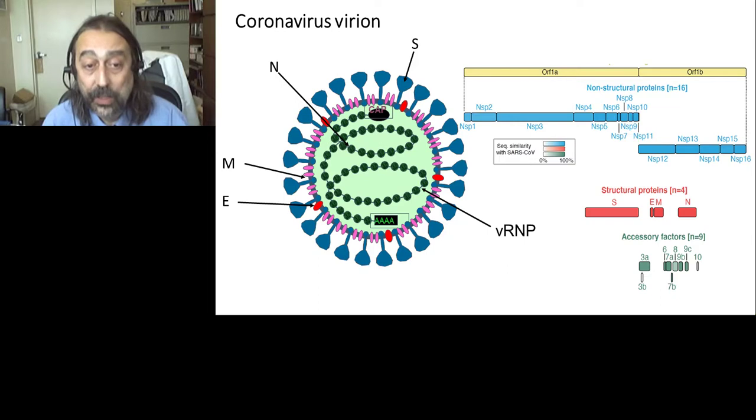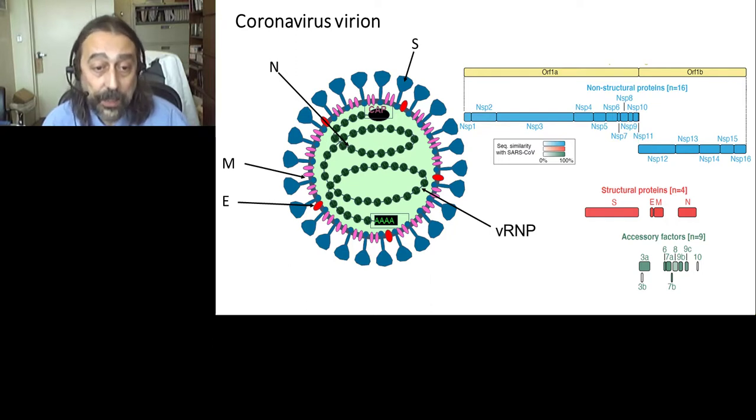It's an enveloped virus like influenza, and the major glycoprotein that is outside of the virion is the spike protein, which is the target for neutralizing antibodies. But it also has other minor components of the envelope, like the E protein and the M protein.